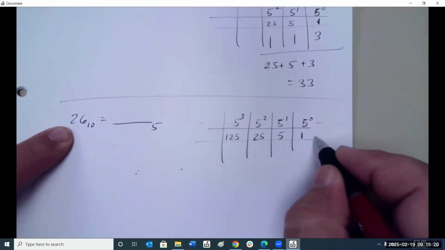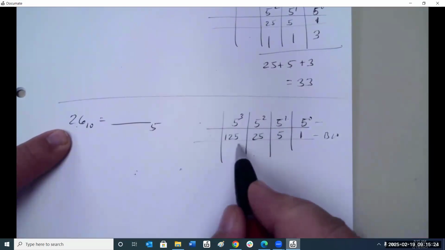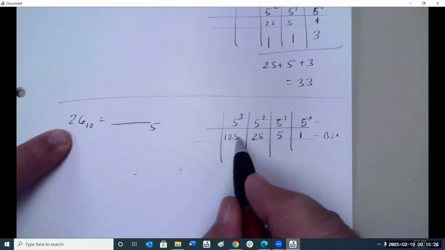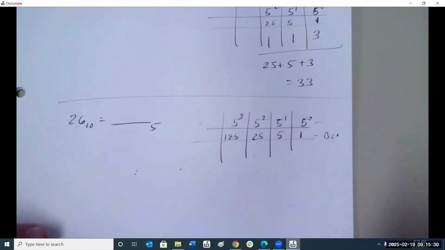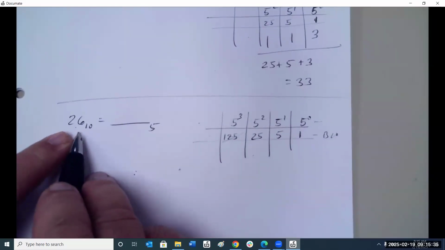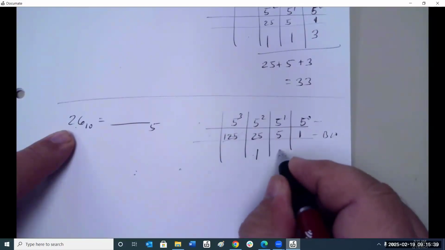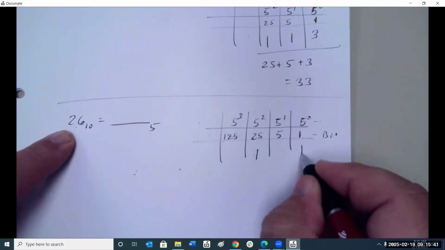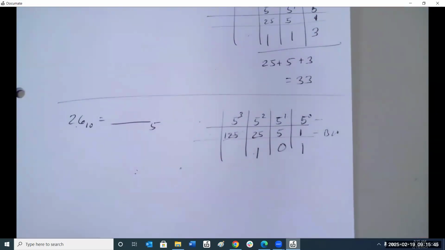Remember, these are base 5s. These are my base 10 numbers. 26. This is too big. So let's see here. We have to make it equal 26. That would be 25 plus 1. So it would be 101 base 5.